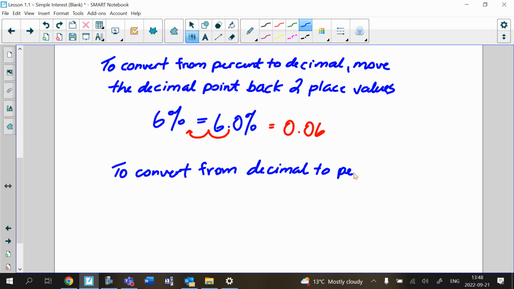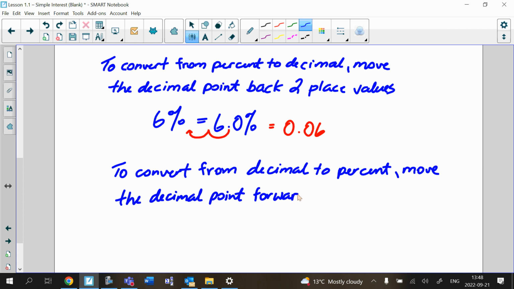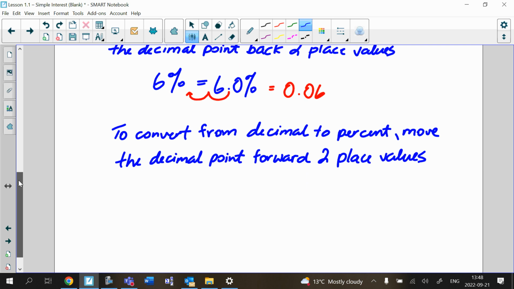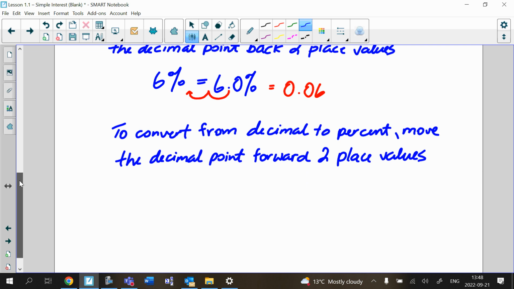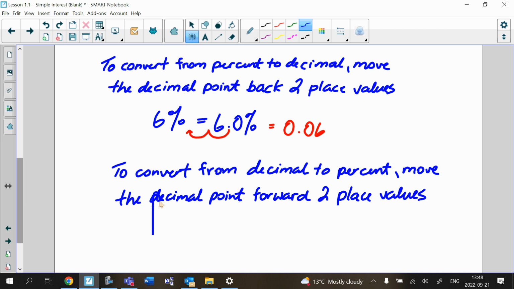So say, for example, you wanted to go from 0.0825, and I want to go to percent. I start at the decimal point and go forward 2 place values, and that gives me my percent.